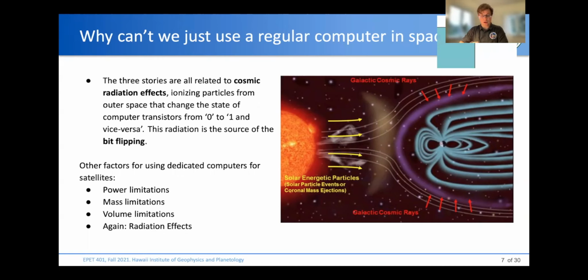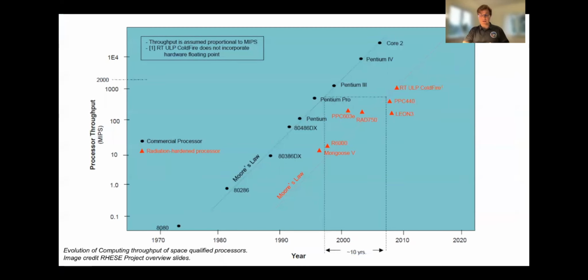Wanted to show you also how the space computer's evolution has happened compared to the typical computer on the ground, like our Pentiums, and Pentiums were quite old already. So there's this Moore's law that shows how many transistors can fit into a particular die of a computer.